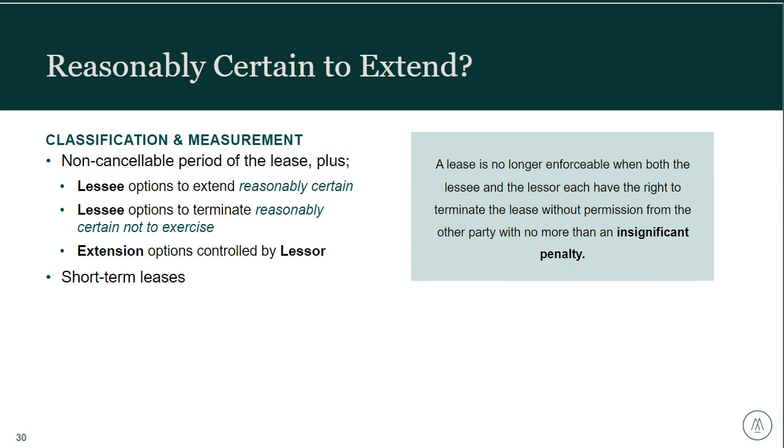If we cannot terminate the lease, or if we are going to incur anything more than an insignificant penalty, then it is presumed that we are reasonably certain to extend. A more than insignificant penalty would be lost cash flows. So if we're going to lose production from not having that compressor out there, then that is presumed to be more than an insignificant penalty, right?